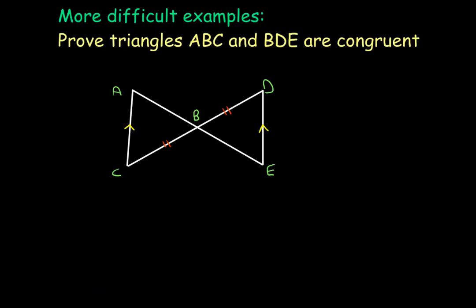And just looking at some more difficult examples here. So in the first three, I just wanted to look at how to write the notation correctly. But in all them examples, the information was always given. Whereas here we have some information given, but not all. Again, it doesn't matter if you prove angle, side, side, depending on the question.